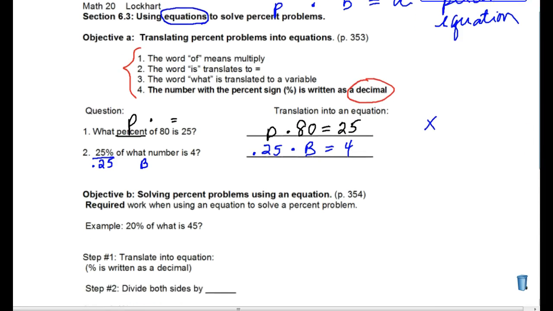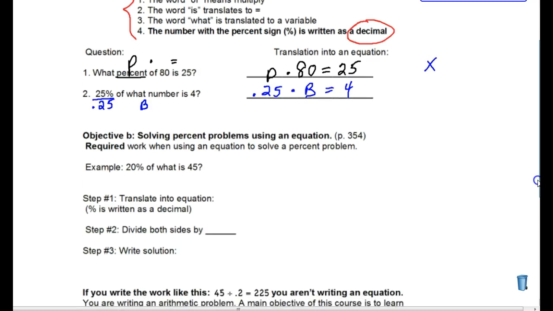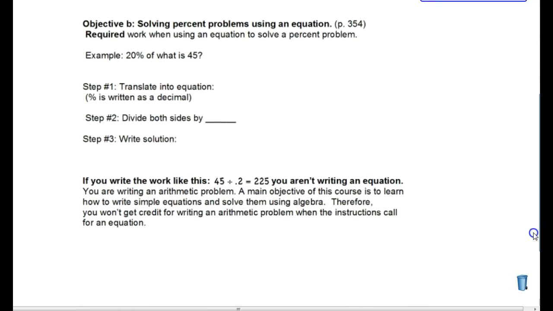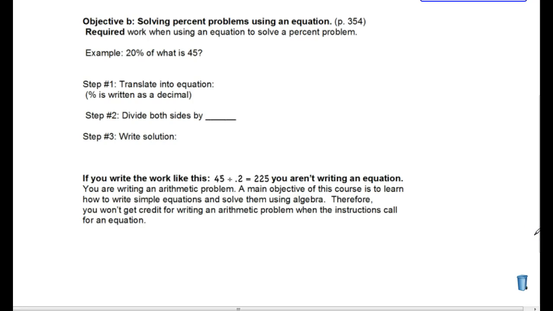The second objective here is to actually solve some problems using an equation. An equation is a math problem that we can solve by sort of undoing, if you remember the equations that we did with our review. We're on page 354 now. They're showing you several examples of how you would solve.